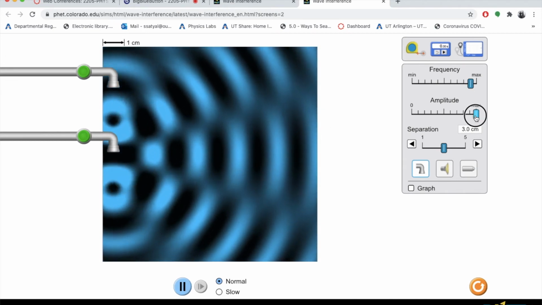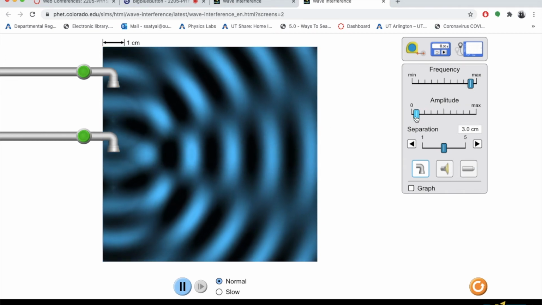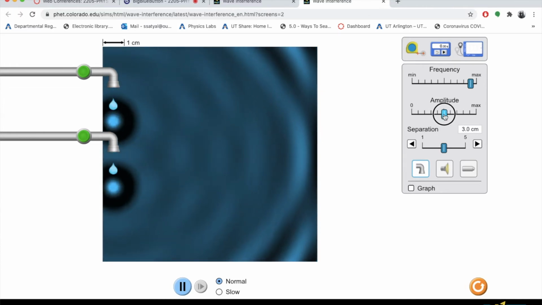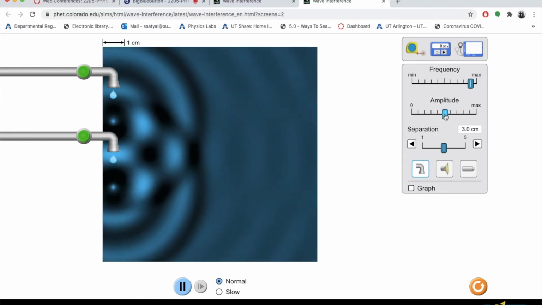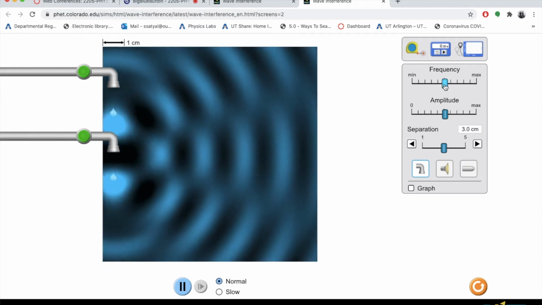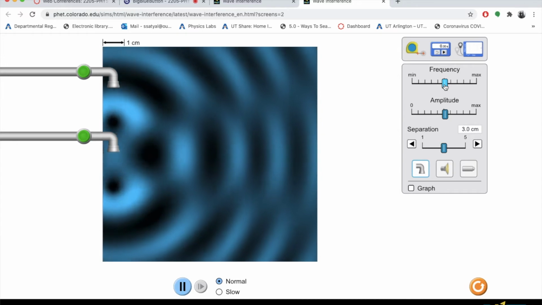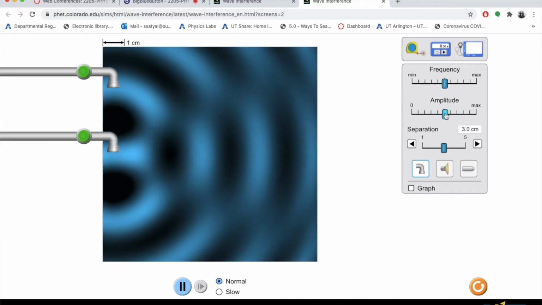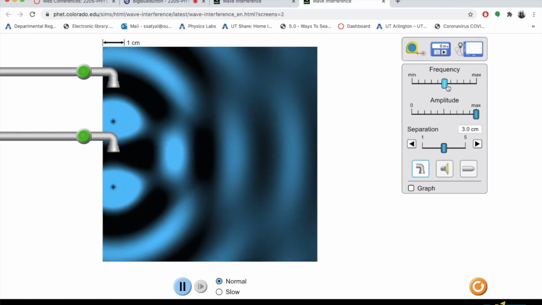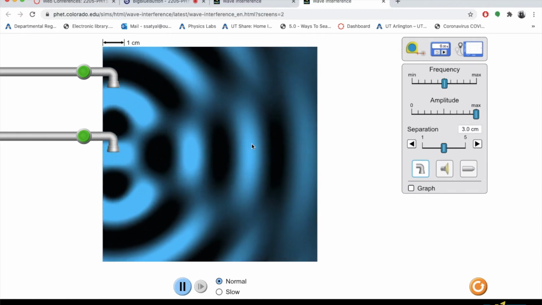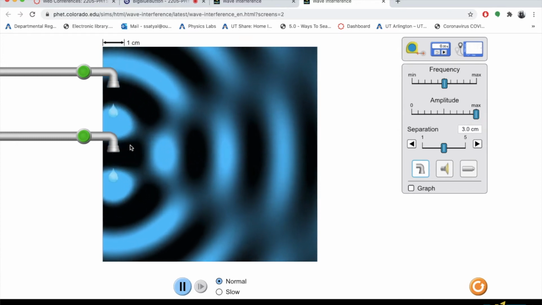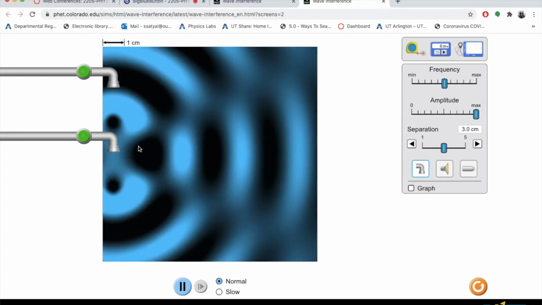One is for the maximum frequency versus low amplitude, or the average frequency versus high amplitude. Wait some time before you see the clear picture, because it needs time to evolve.